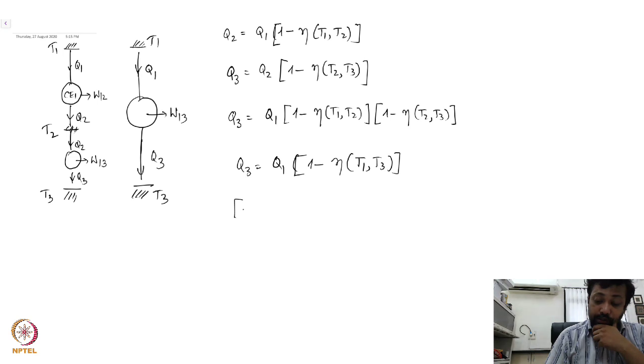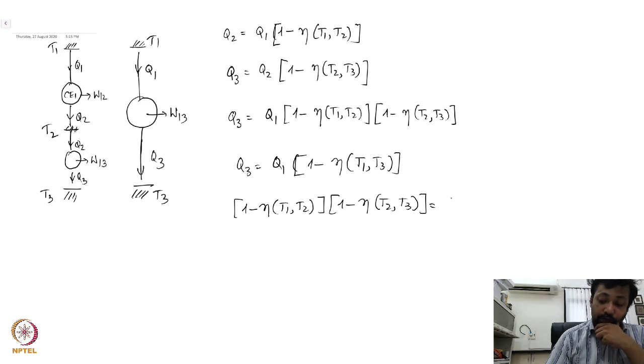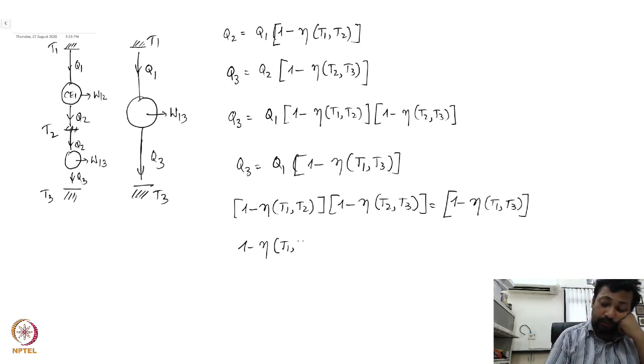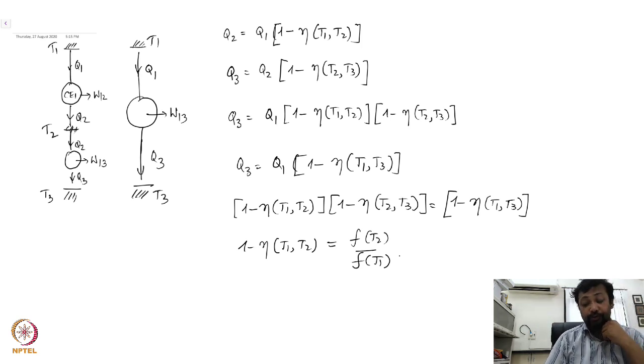Equating these two equations, it follows that 1 minus eta T1 comma T2, times 1 minus eta T2 comma T3, must be equal to 1 minus eta T1 comma T3. Now this equation is clearly satisfied if 1 minus eta T1 comma T2 is equal to f of T2 over f of T1, so that there is a mutual cancellation on the left-hand side, and what will be left after the cancellation is only a function of T1 and T3.